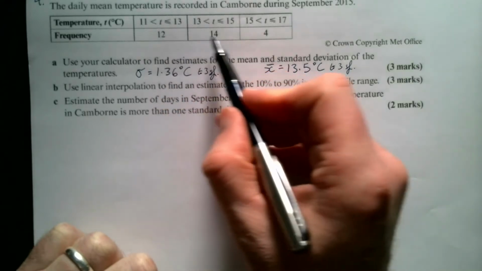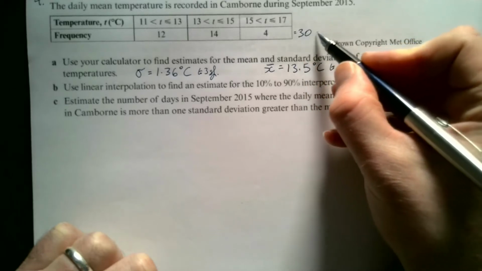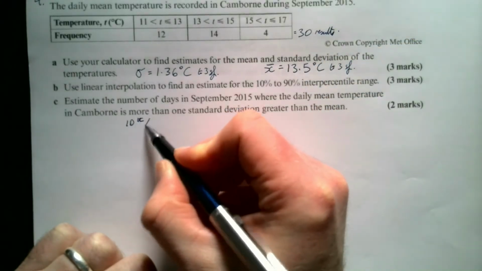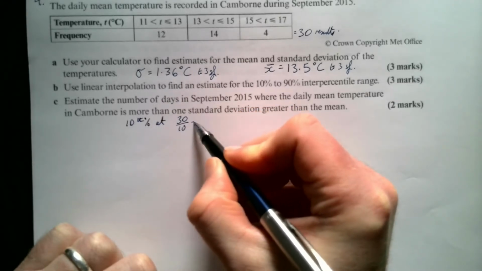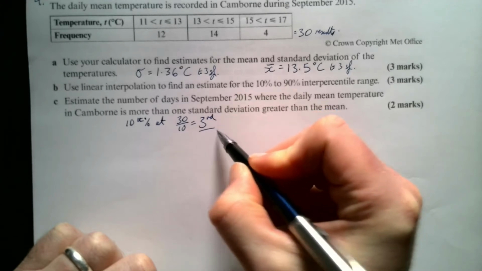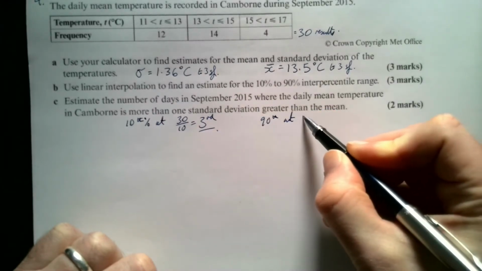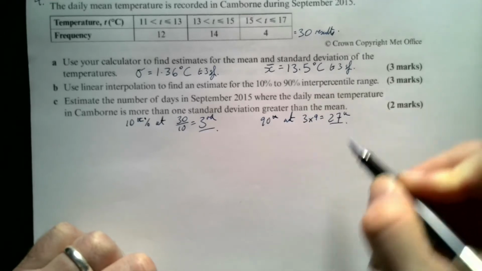We have got 12 plus 14 plus 4, which is 30 results. So the 10th percentile is 30 over 10, which equals the third result, and the 90th is 3 times 9, which is the 27th.